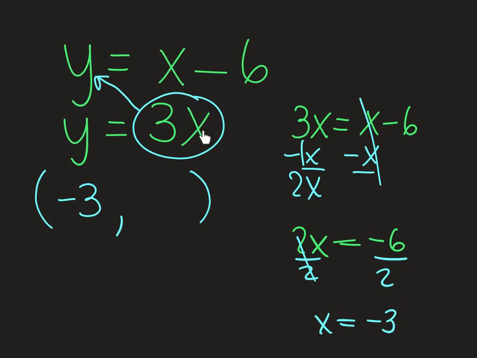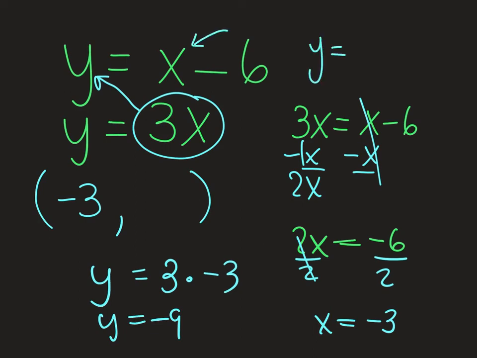Doesn't matter which one where you stick it. If I stick it here, I'm going to do 3 times -3, and that will tell me what y is equal to. Or I could stick it in here, -3 minus 6. But hey, either way I go, I get a -9.